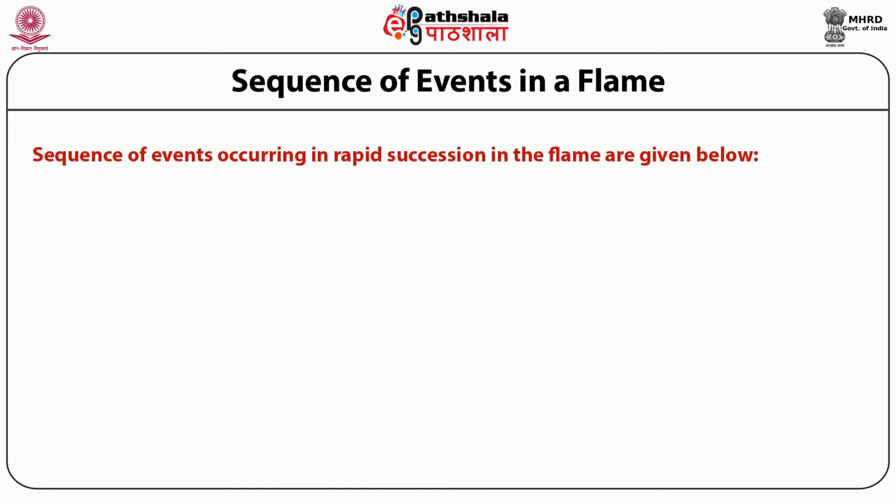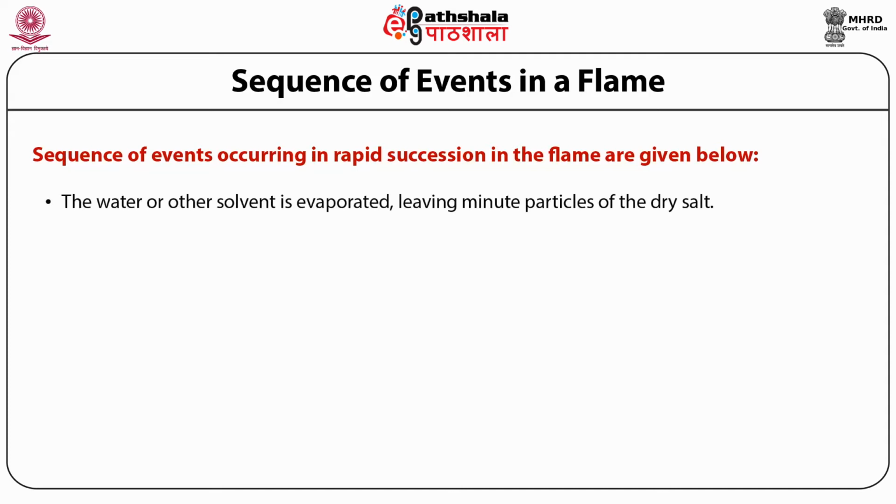The sequence of events occurring in the flame in rapid succession is given as below. The water or other solvent is evaporated, leaving minute particles of the dry salt. The dry salt is vaporized, or converted into a gaseous state.